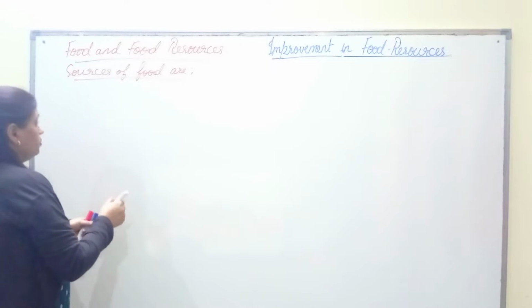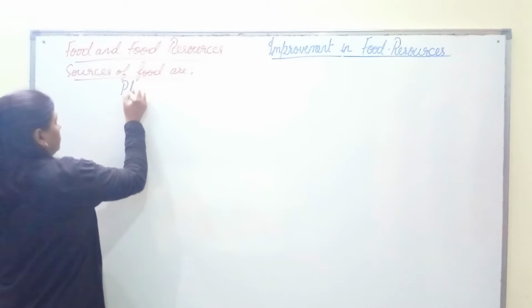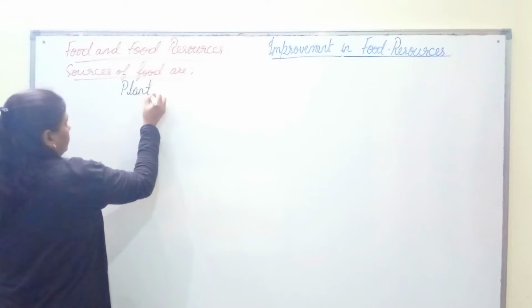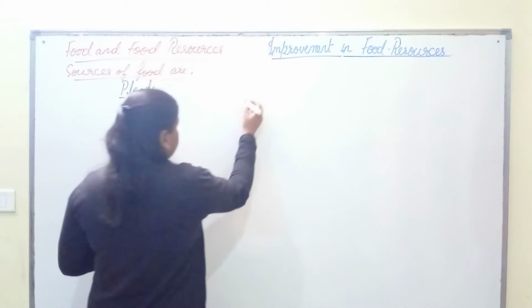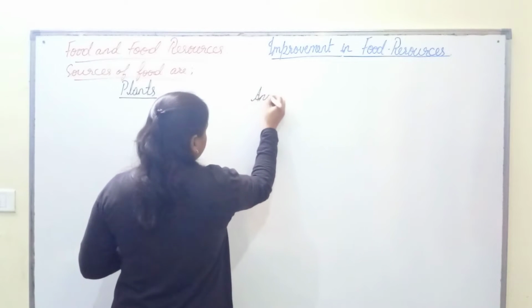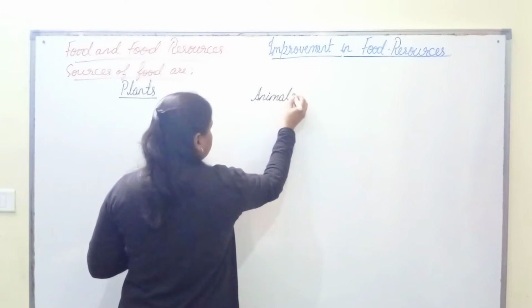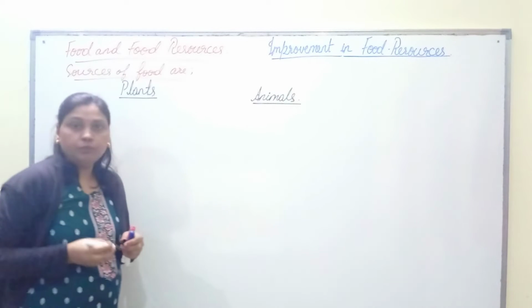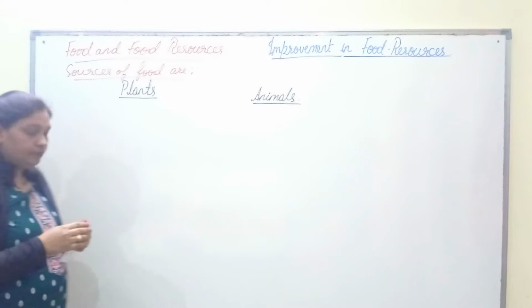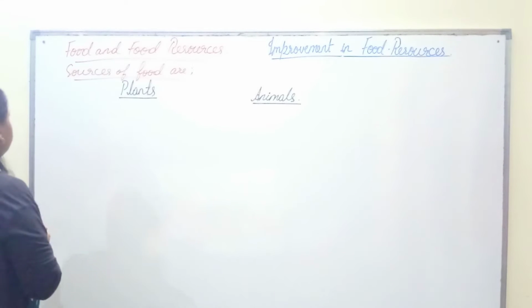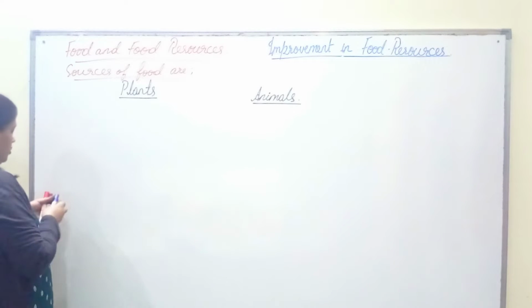So we get food from the plants as well as the animals. First we will take up the plants, what are the different sources from plants.